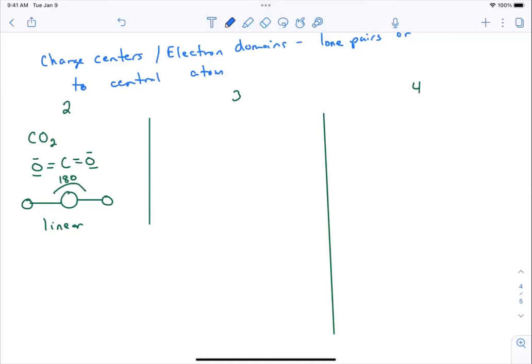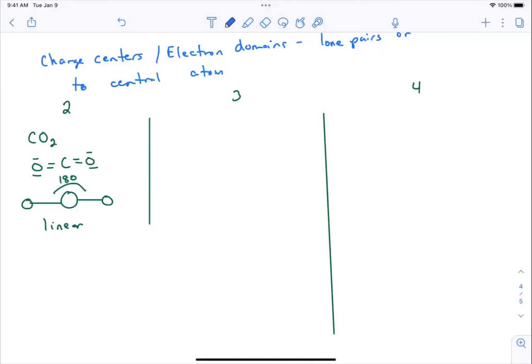When we deal with shapes, Sophia, we're only dealing with the central atom. Everything's based around a central atom. I wouldn't say bonding domains, but just domains in general, yes.